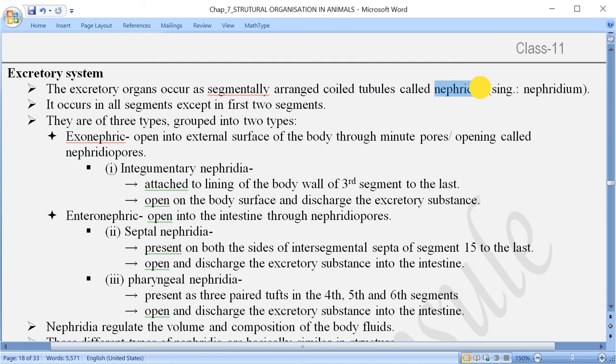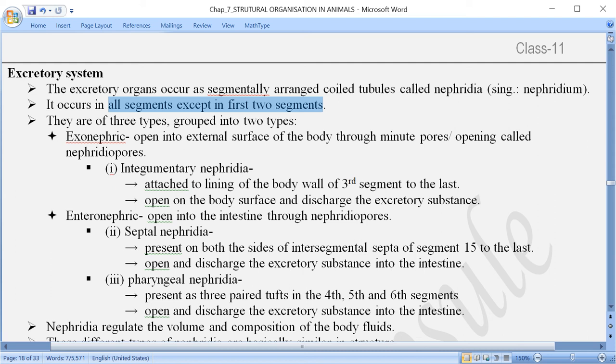Plural form हो गया nephridia, but when we talk in singular form then nephridium बोलेंगे, एक को nephridium. And this occurs in all the segments except the first two segments. First and second segment में nephridia नहीं होते हैं, बाकी starting from third segment to the last nephridia are present.